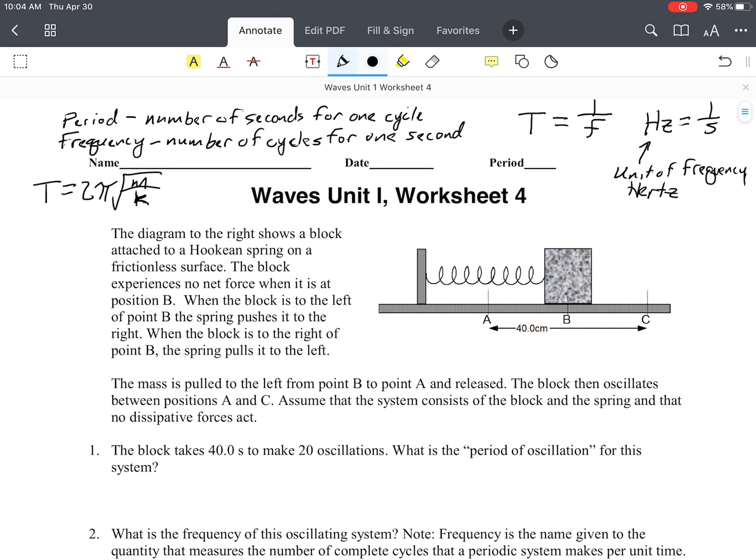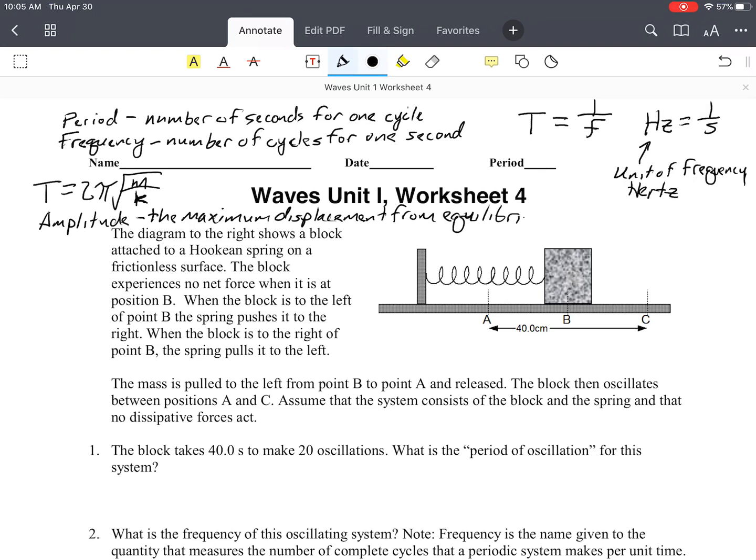One thing I'll point out is the amplitude is the maximum displacement from equilibrium.